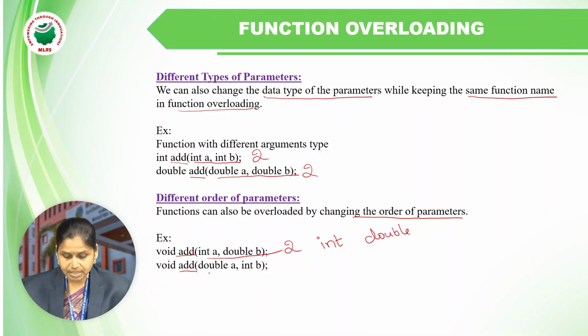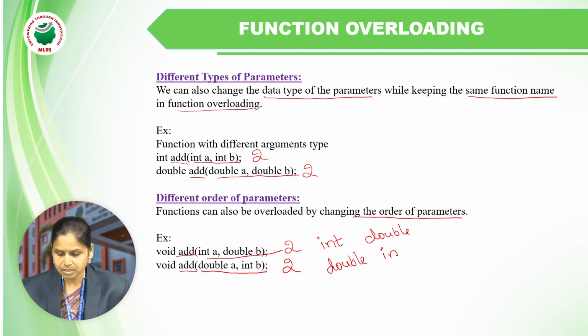But when we consider the second one, there are 2 parameters, but the order is first double and second integer. Here the data types of the parameters are int and double, but the order is different.